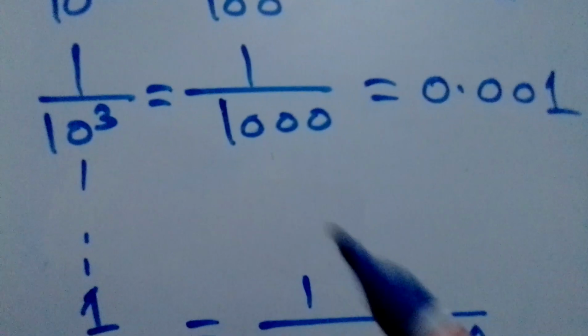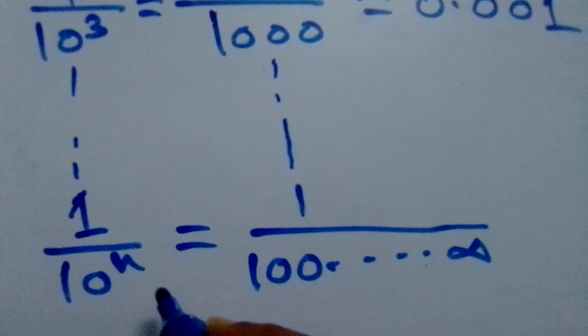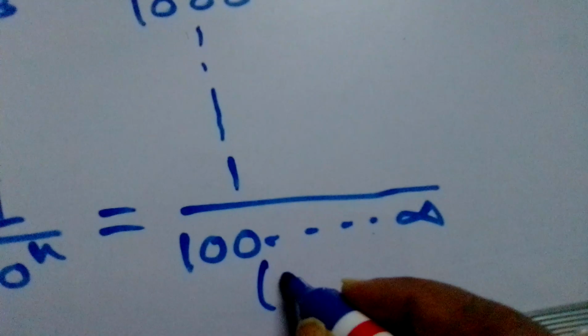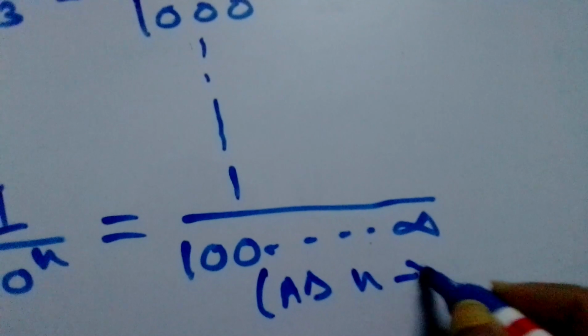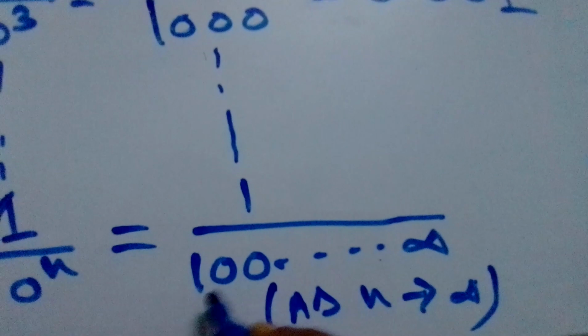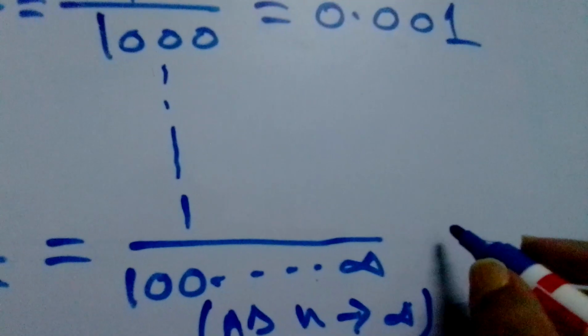But if we take the successive element, 1 by 10 to the power n, and take n tending to infinity, that goes to 1 by 1 followed by zeros up to infinite times. It is an endless quantity.